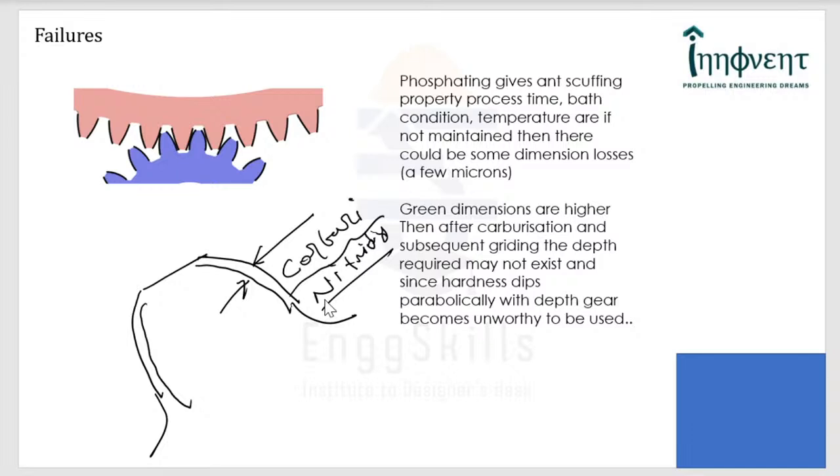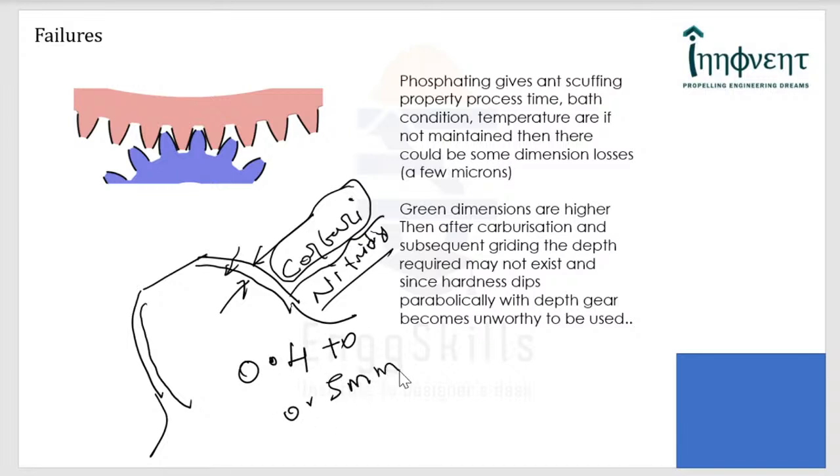Now, the depth of case hardening is very important, because as you travel along the depth, which is very shallow, for example, practically for a gear, the case hardening depth is around 0.4 to 0.5 mm.